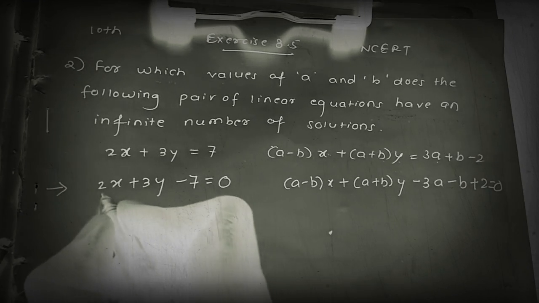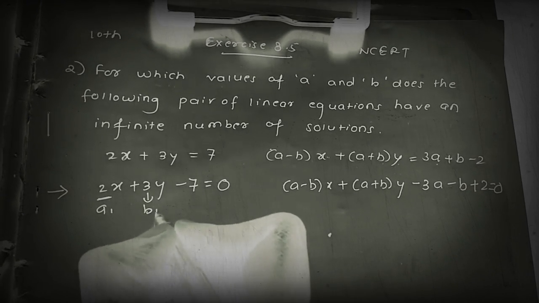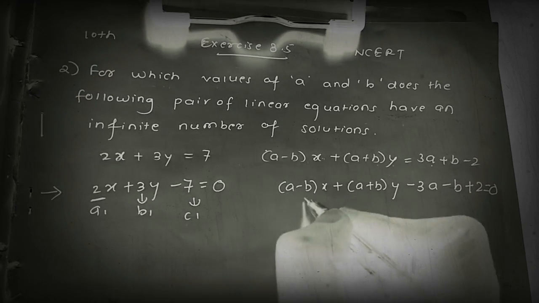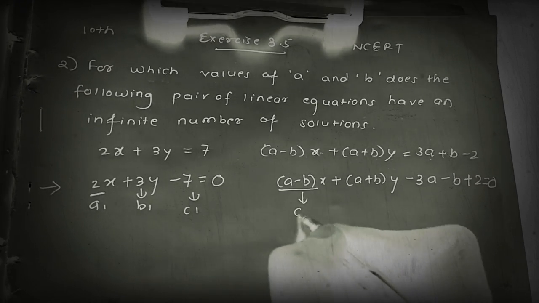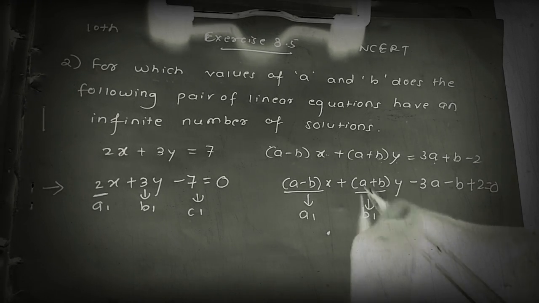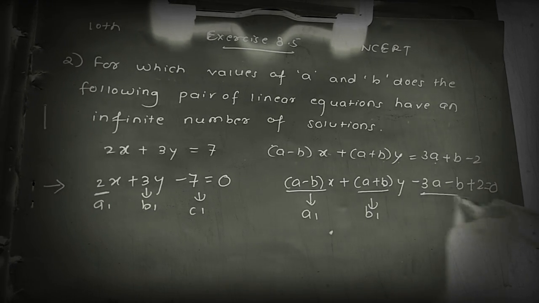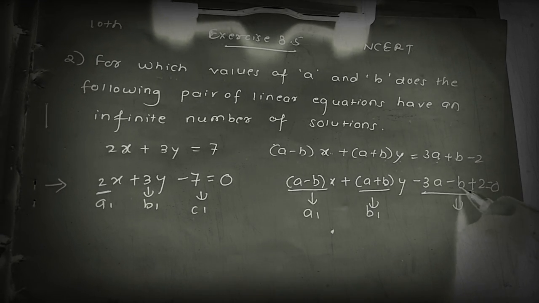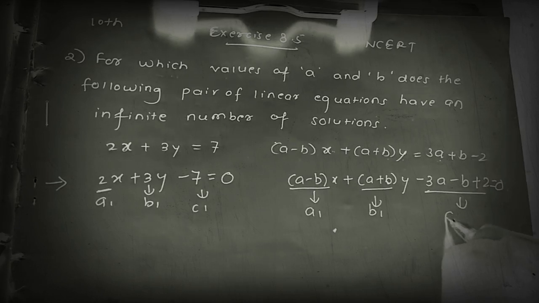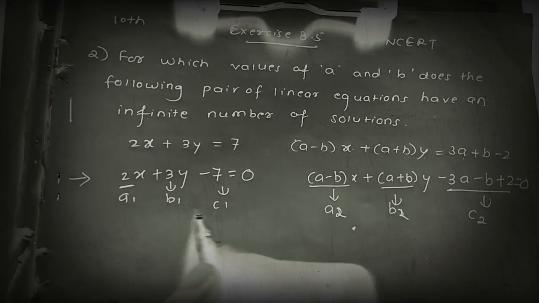So this is our a1, this is our b1, and this is our c1. Then a minus b is a2, the complete a plus b is b2, the coefficient of y, and minus 3a minus b plus 2 is our c2.